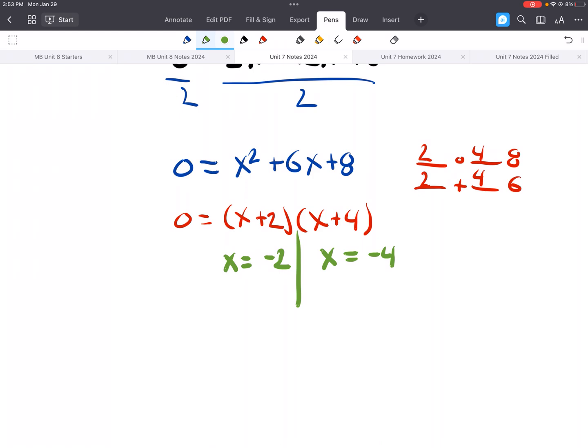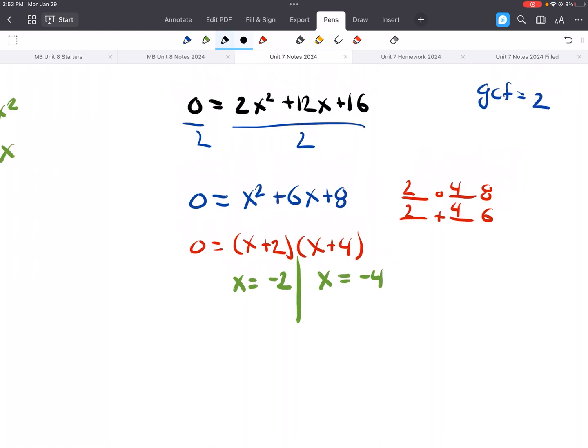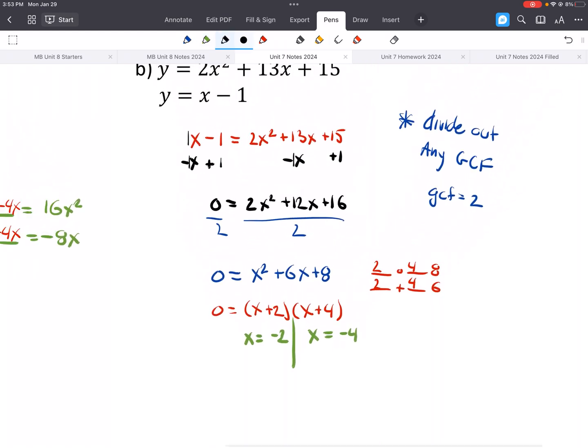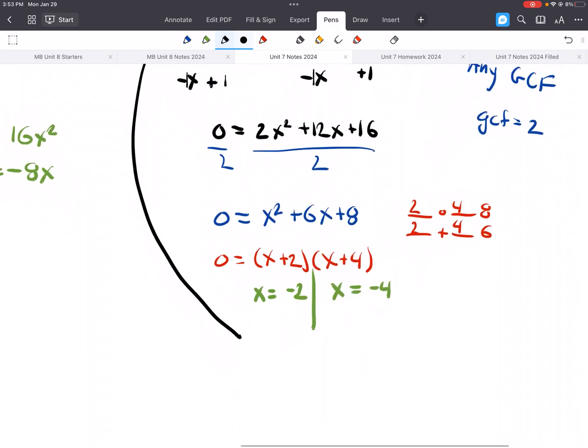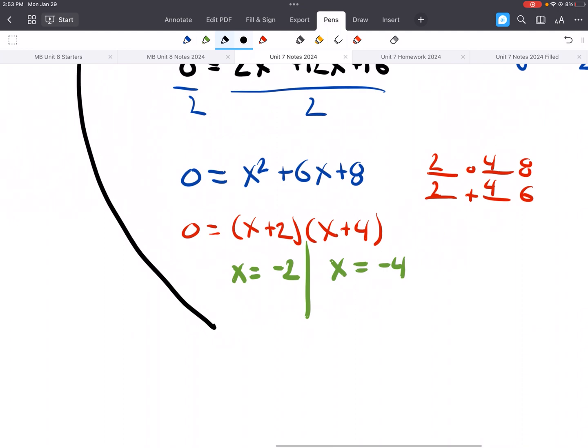So we've got our x's, we just need to find our y's. So again, look up above and find, this one's probably the easier equation. So it's y equals x minus 1, which gives us negative 3.